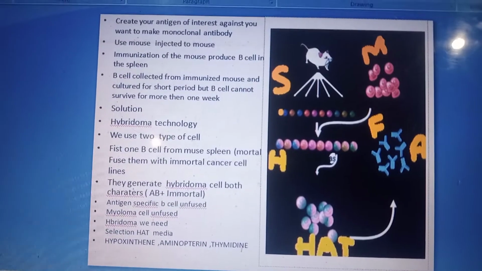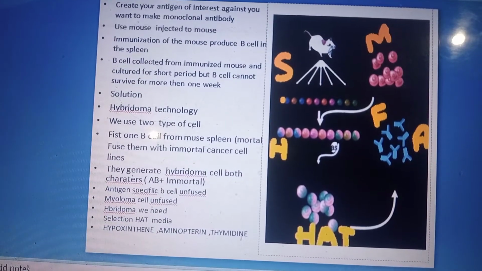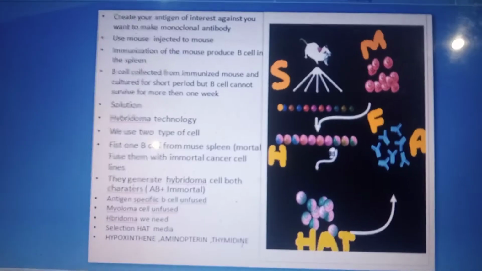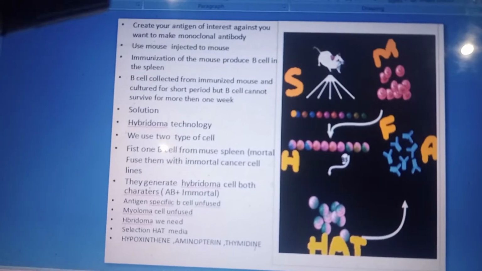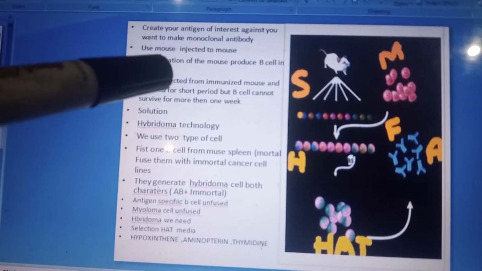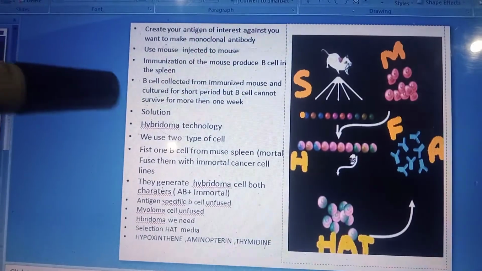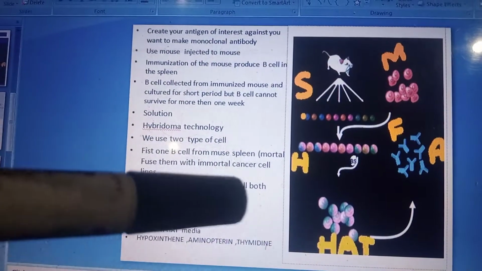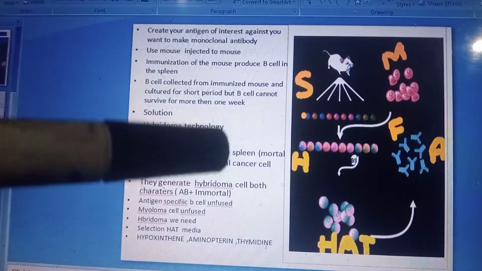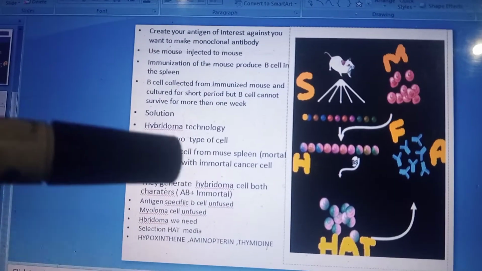Now the question arises, how can you create the monoclonal antibody? The first step is to create the antigen of interest against which you want to make the monoclonal antibody. Suppose you want to make a monoclonal antibody against the coronavirus, you should make the antigen of that virus.